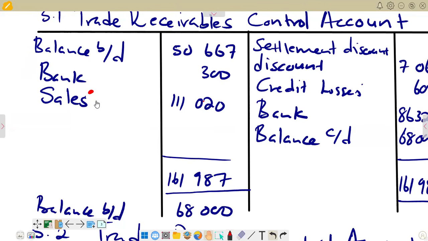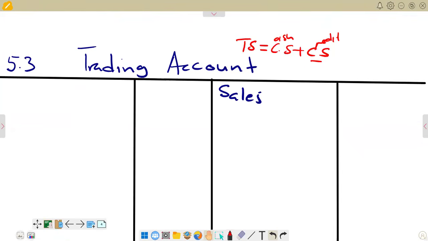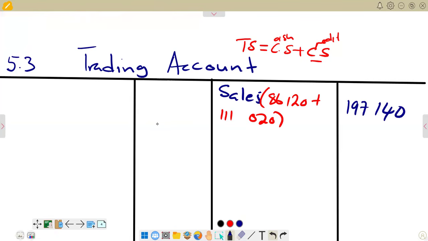Then we add the figure for cash sales that we have in the list of balances in the question, which is 86,120, to get the figure for total sales. Here we summarize it in brackets: the cash sales figure 86,120 plus the credit sales figure 111,020, and the total that you are supposed to get there is 197,140. So this is what we have.